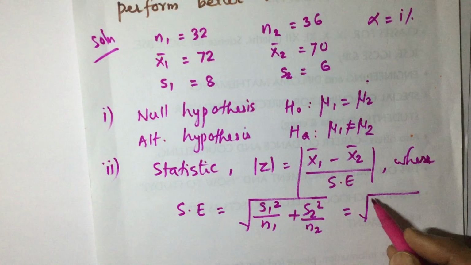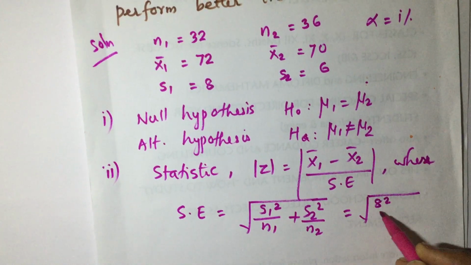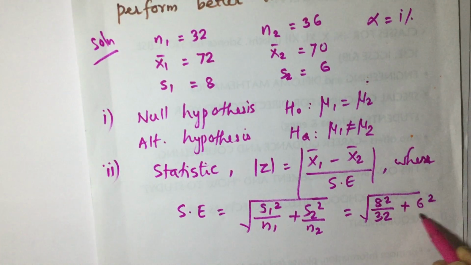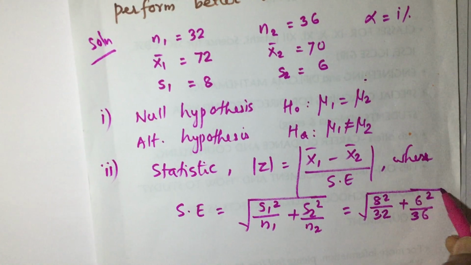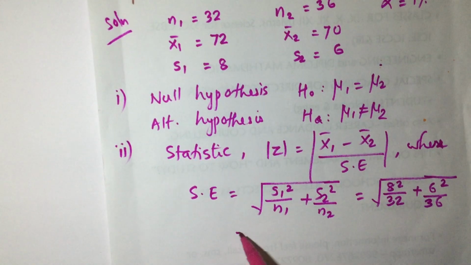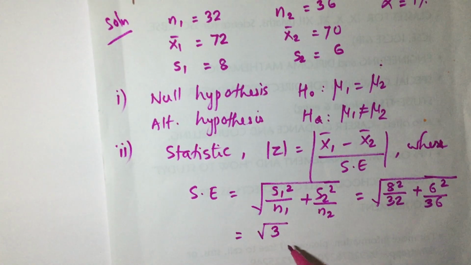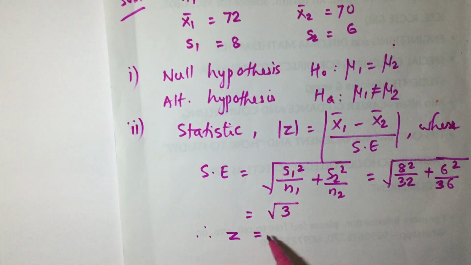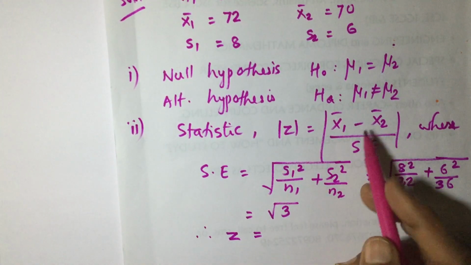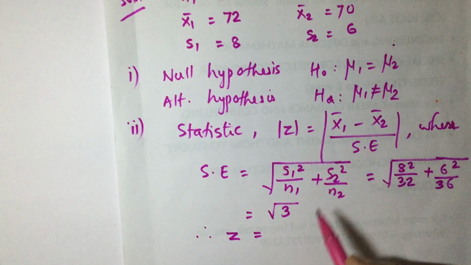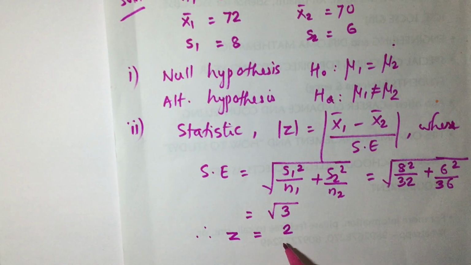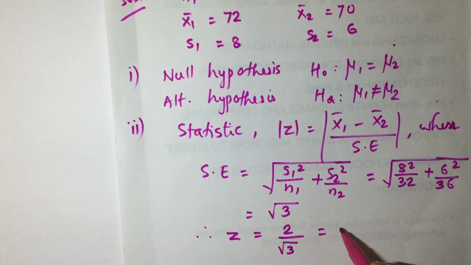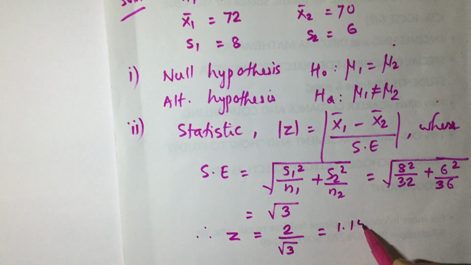So S1 square means 8 square by N1 32 plus S2 6 square by 36. On calculating you will get this as square root of 3. Therefore Z will be, putting in this value, x1 bar minus x2 bar means 72 minus 70 is 2 divided by root 3, you will get the answer as 1.15.